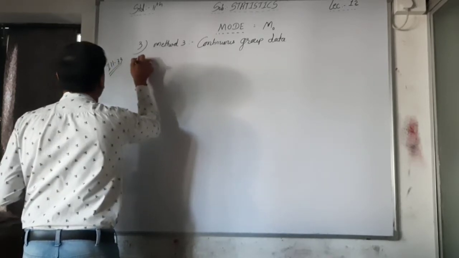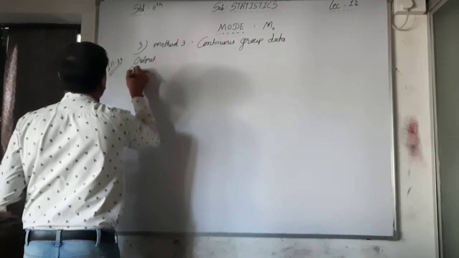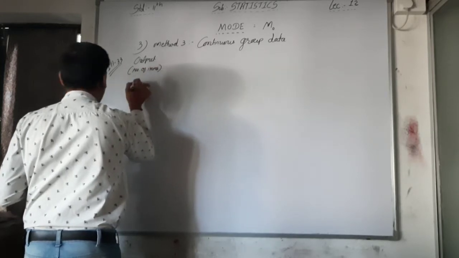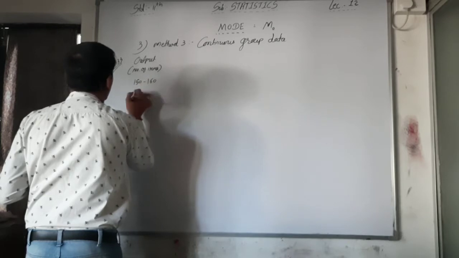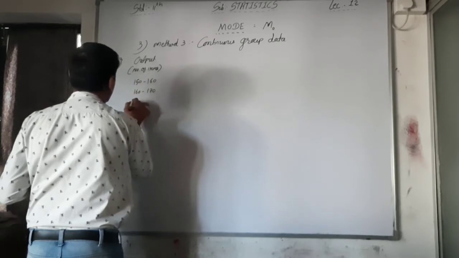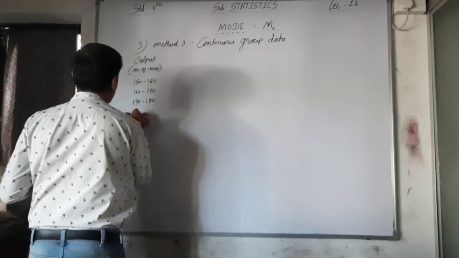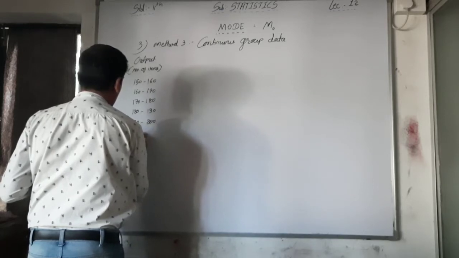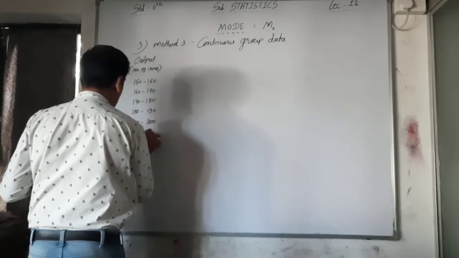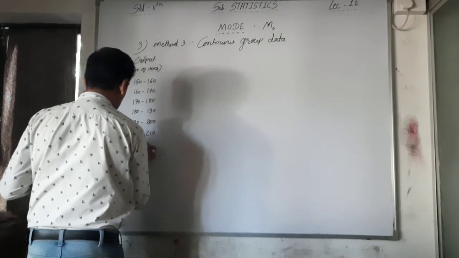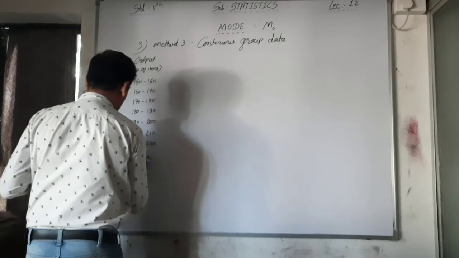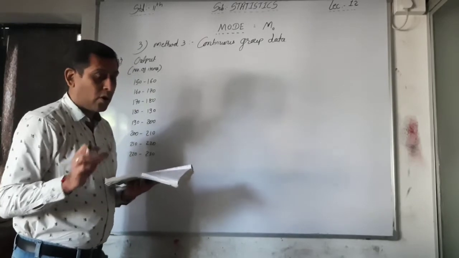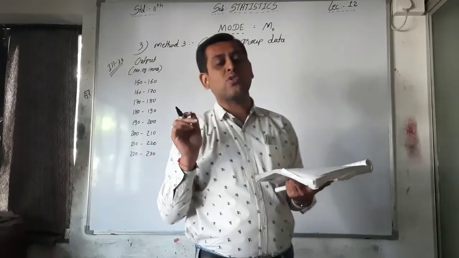Output, number of items, that is 150 to 160, 160 to 170, and so on. You don't write like this, you have to see the data first, because sometimes the class length is not equal.